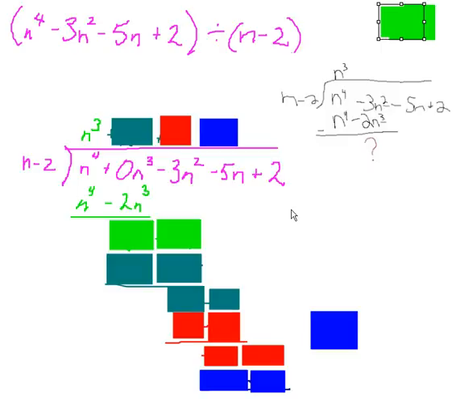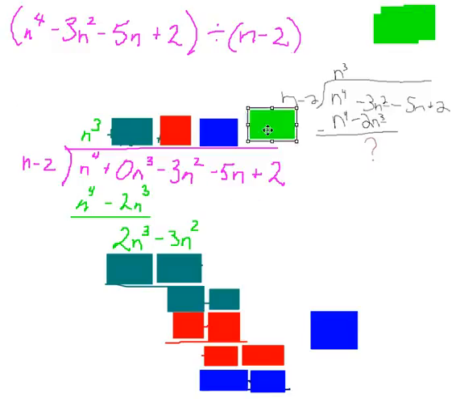So now when we do the subtraction, and this is where most of the errors come with students doing their long division, we end up subtracting nicely out the two quartic terms, and then subtracting negative 2 becomes positive 2n cubed, and then we bring down the negative 3n squared.